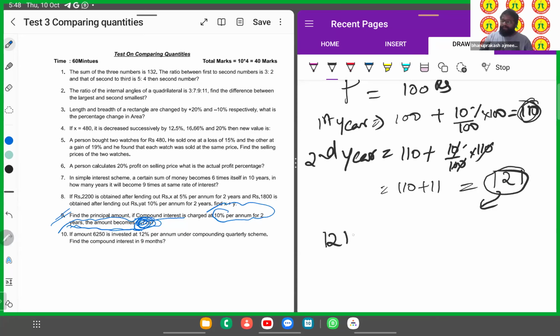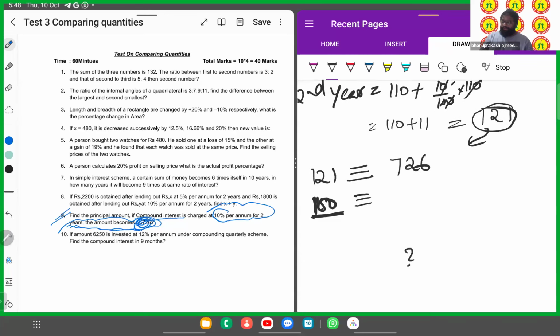This 121 will be equated to 726 rupees, similar to the problem we did earlier. Initially we assumed P as 100, so 121 into X is equal to 726 into 100.